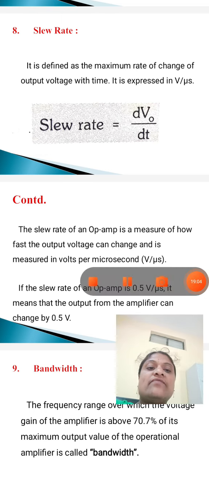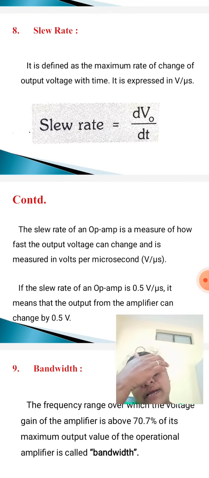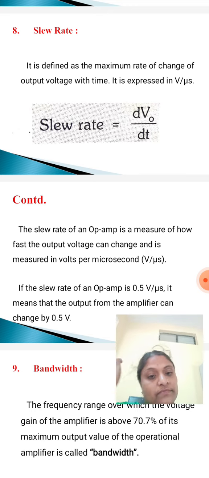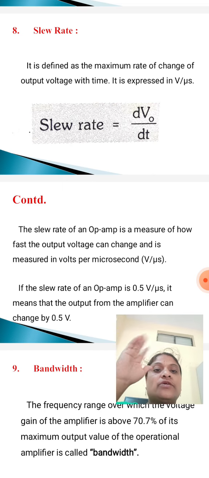The slew rate of an op-amp is a measure of how fast the output voltage can change and is measured in volts per microseconds.